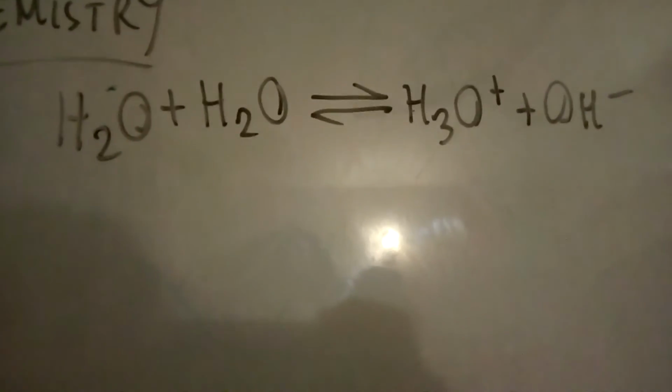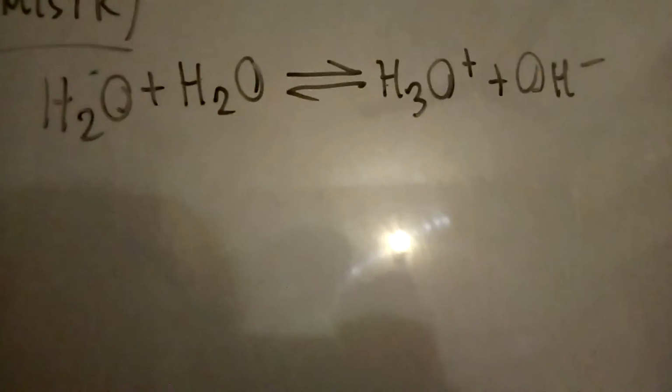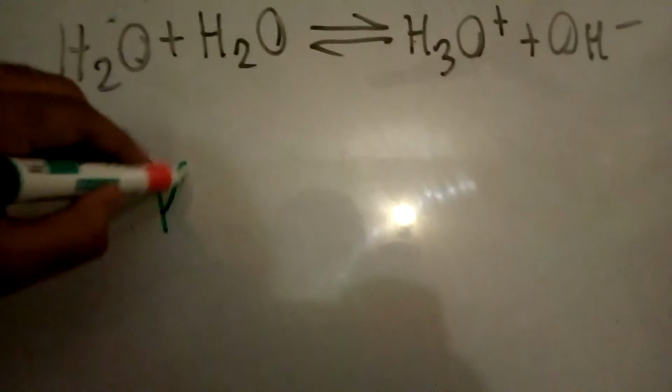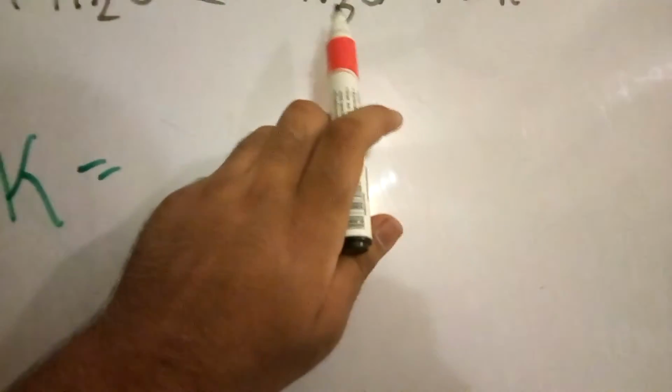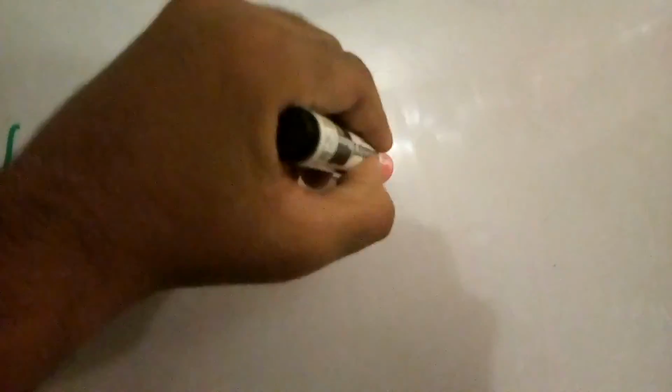We're back to our basic equation, and since this is a reversible reaction, we can use the equilibrium law and say K equals the product of the concentration of the products raised to appropriate powers, but here both of them are 1, so we write H3O plus.